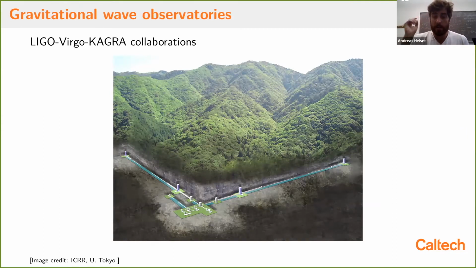All these observatories feature a basic design where they have a very, very large interferometer, which you can see in this picture here, with two long arms, which will detect when a gravitational wave passes through the interferometer.